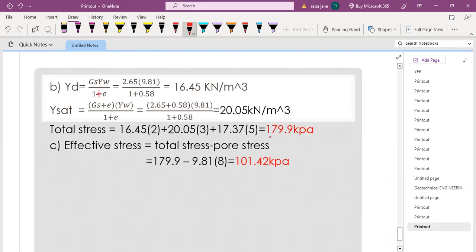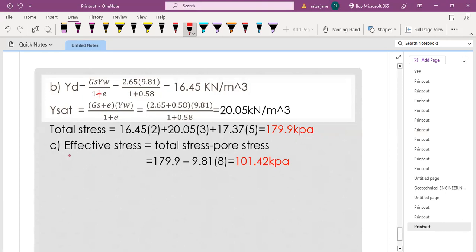Double check natin kung 16.45 times 2 plus 20.05 times 3 plus 17.37 times 5. Tama. 179.9 kilopascal.